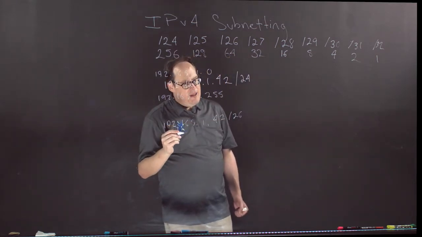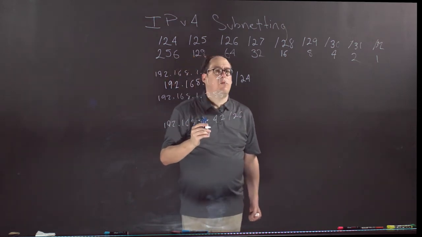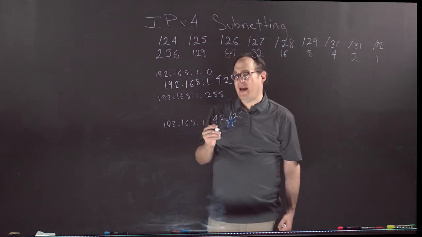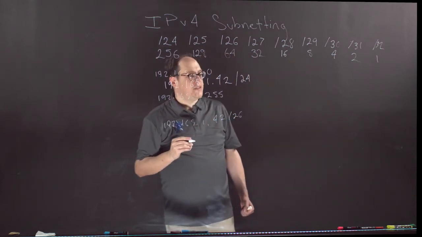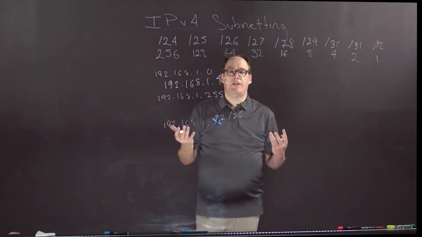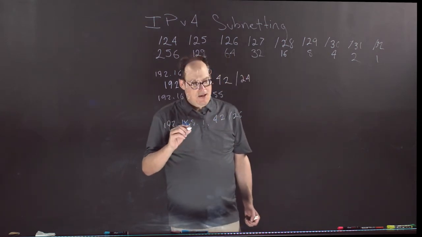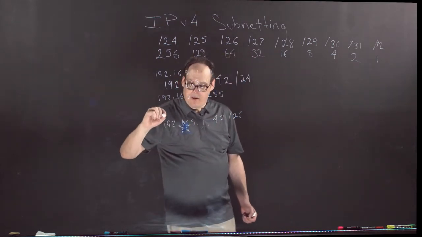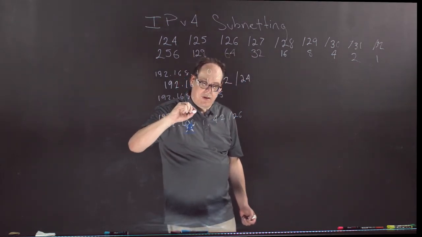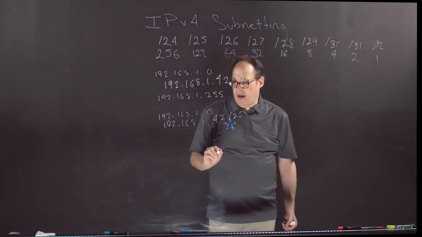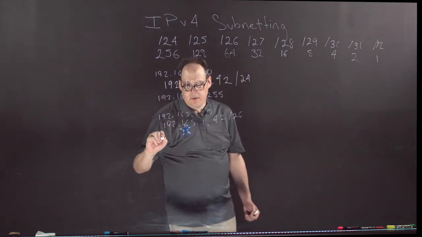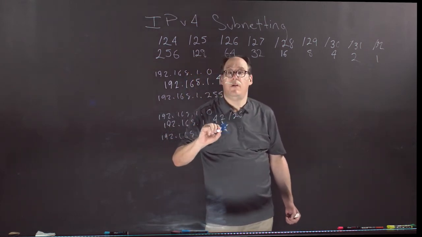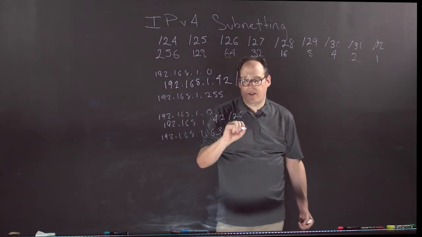If my question asked what address I could use to make a broadcast packet so that the host 192.168.1.42 could actually receive it, I have to create a network here. Here's my host at 42. Here's my broadcast address at 63.